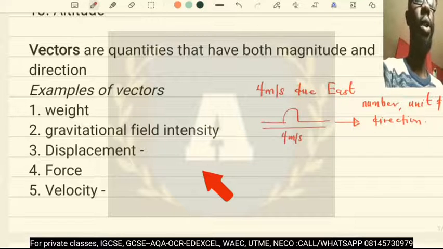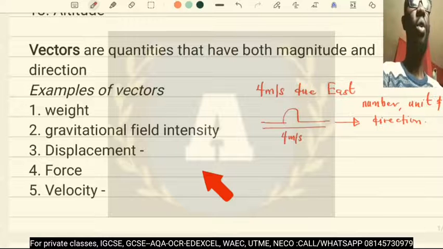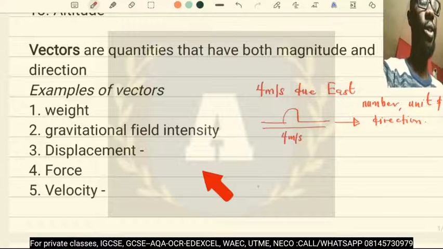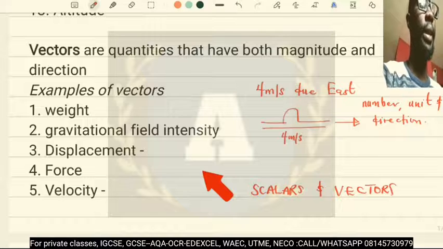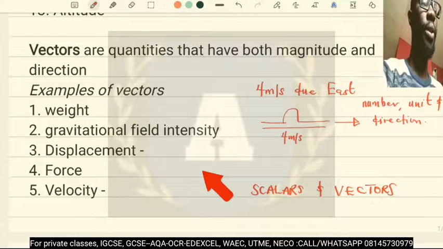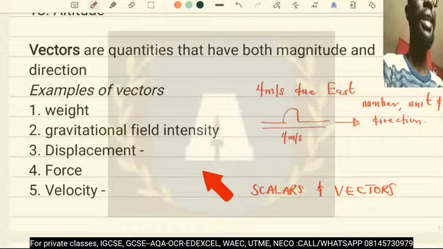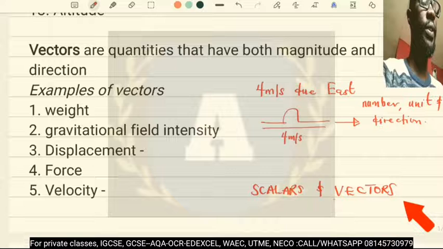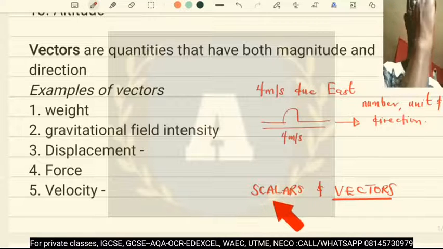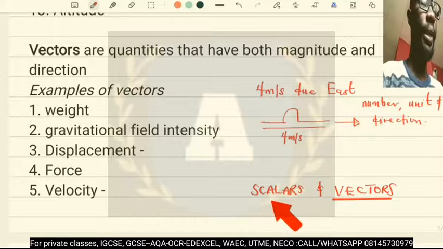Now how really can we distinguish between the scalars and the vectors? Any quantity in physics that is liable to having a negative value, just know that such quantity is a vector quantity. Scalar quantities can never ever take negative value.